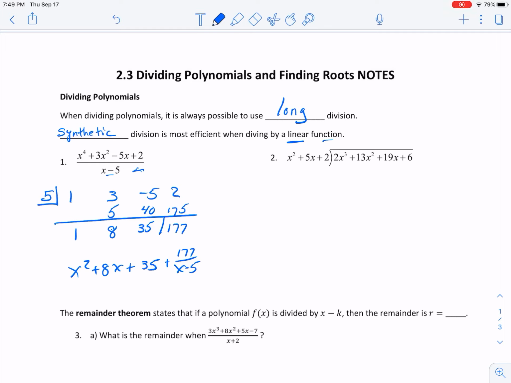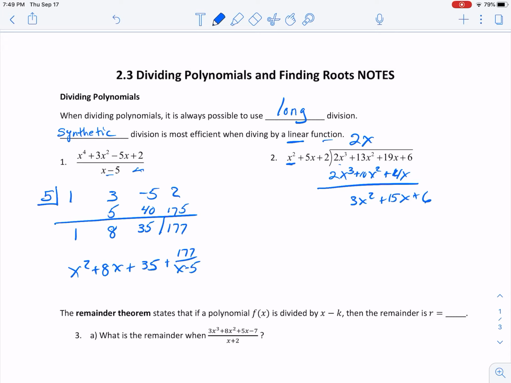Okay? Long division: ask yourself, what do you multiply x squared by to get 2x cubed? And you'd say 2x, because this gives you 2x cubed. That gives you plus 10x squared plus 4x, and you subtract. So this gives me 3x squared plus 15x, and bring down the 6.